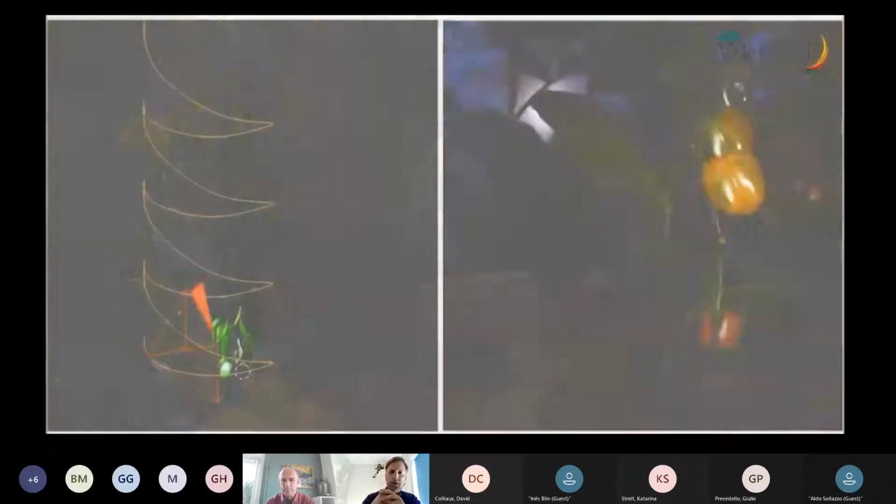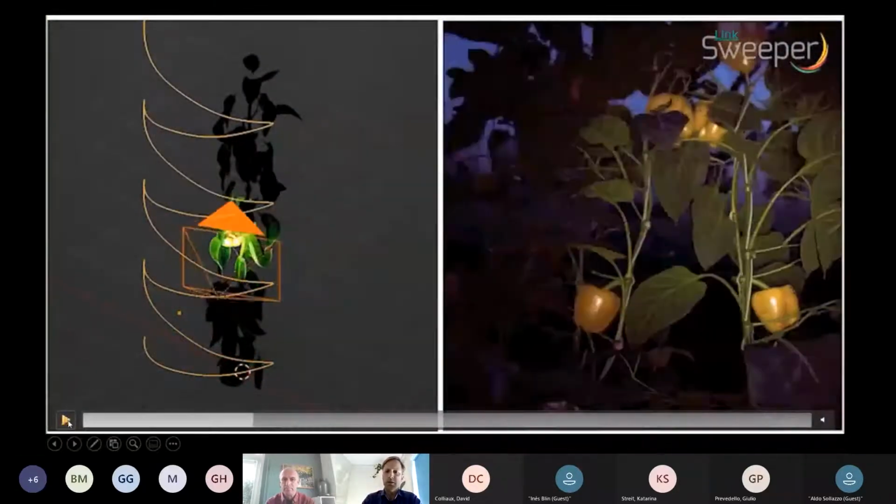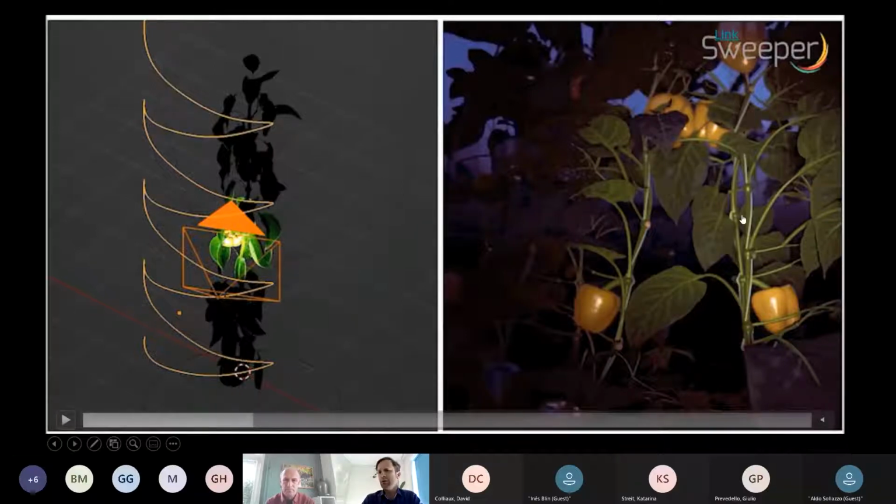And actually a colleague of mine, Ruud Bart, came up with a very smart idea. I think that's very worth sharing with this audience. He tackled this data challenge because he generated a virtual plant model.